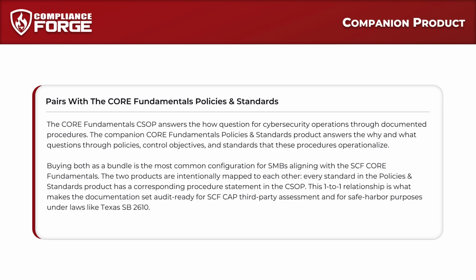Buying both as a bundle is the most common configuration for smaller businesses, aligning with the SCF Core Fundamentals. The 2 products are intentionally mapped to each other. Every standard has a corresponding procedure statement. That one-to-one relationship is what makes the documentation set audit-ready for SCF-CAP, third-party assessment, and for safe harbor purposes under laws like Texas Senate Bill 2610.